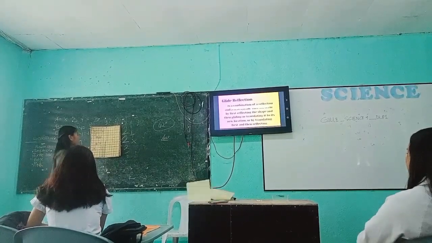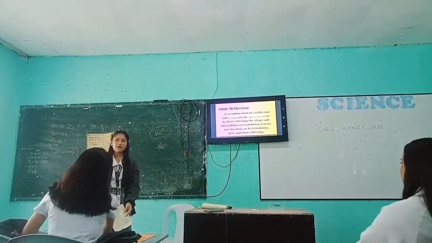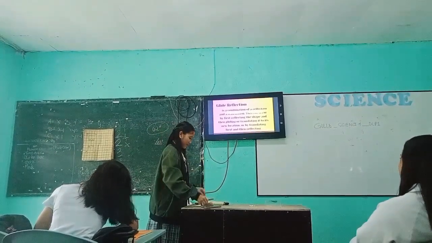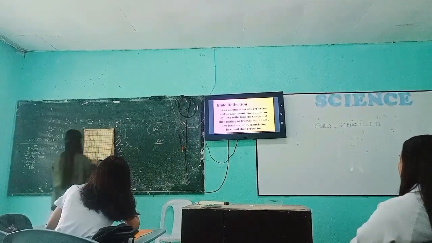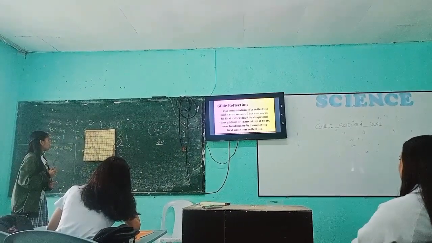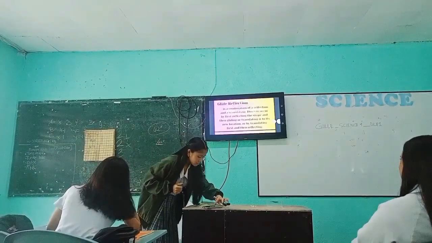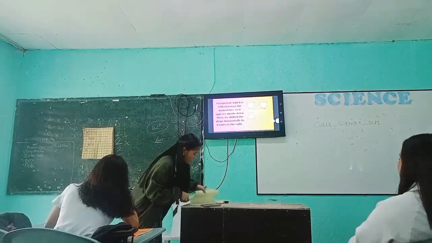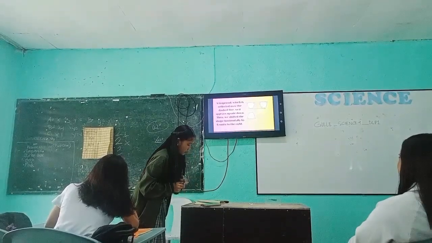So, gaya lang nung, yung pag-translate natin is gaya nung ginawa ko kanina nung una. So, it is a trapezoid which is reflected over the dashed line, so it appears upside down.